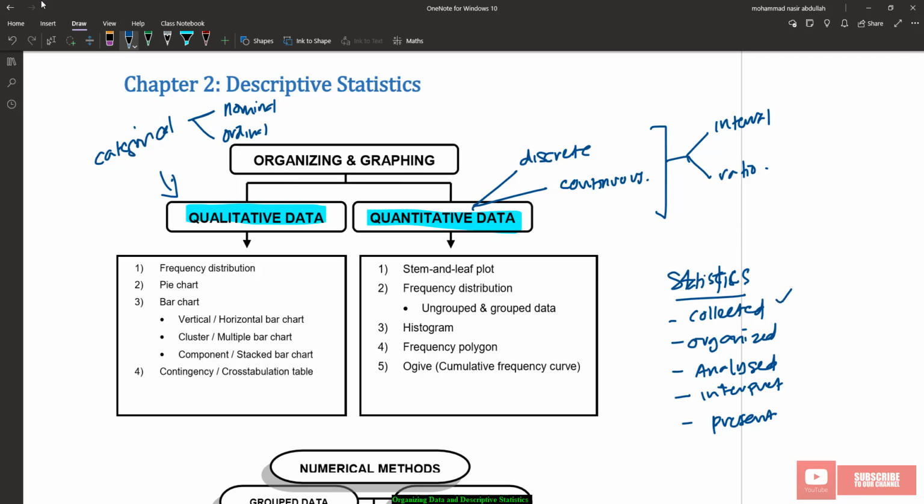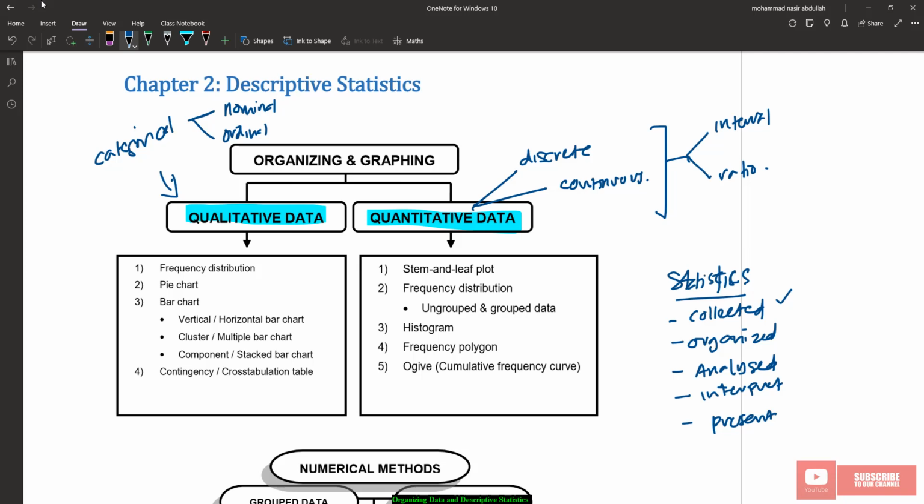So we already learned how to collect the data. We already know the definition of variable, data, and scale of measurement. And once you have collected the data, you will do data organization.